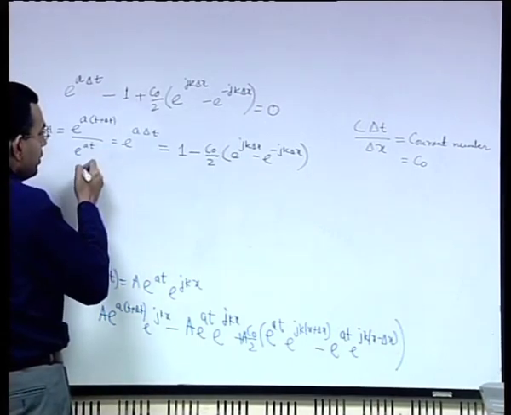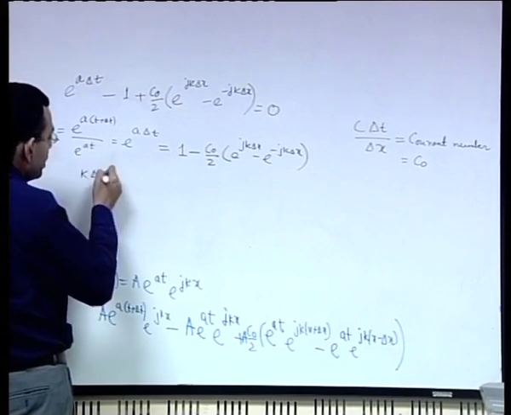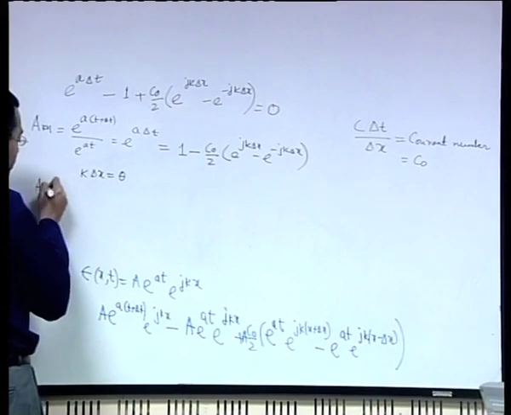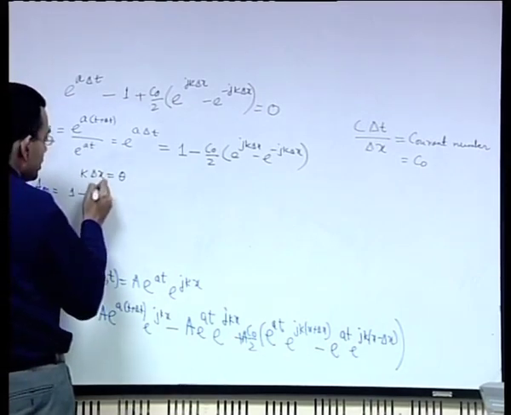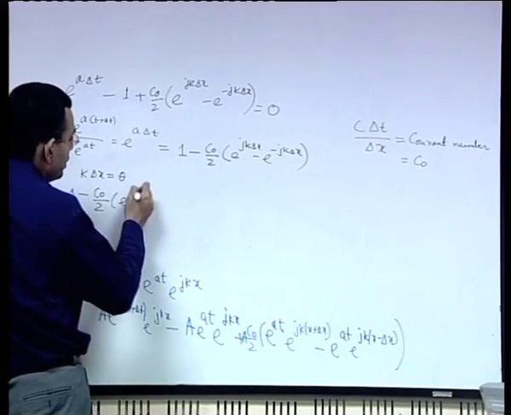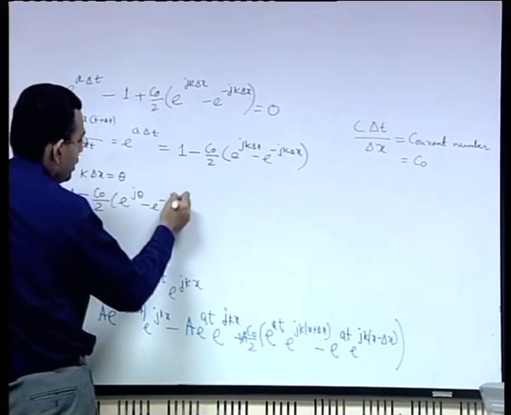Now, for simplification one can consider say k into delta x equal to theta. So, the amplification factor becomes 1 minus Courant number by 2 times e to the power j theta minus e to the power minus j theta.